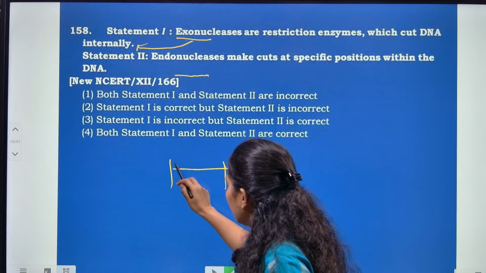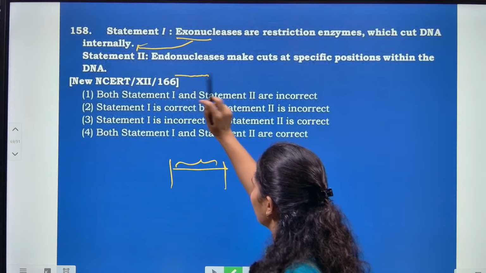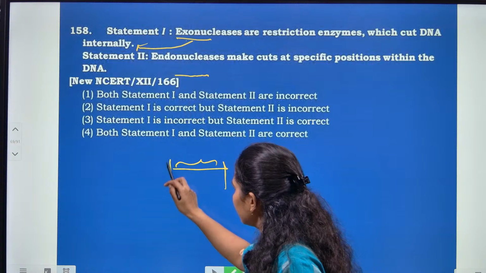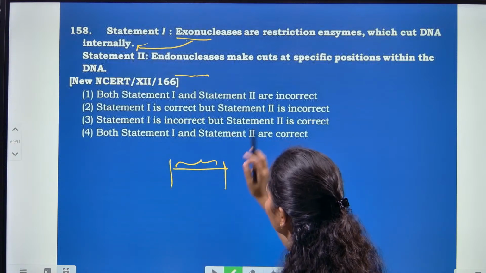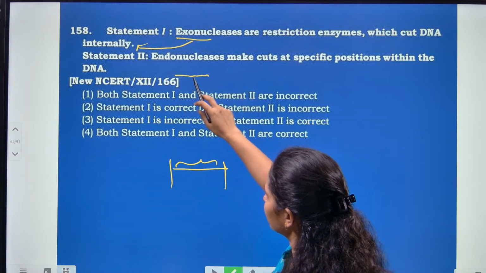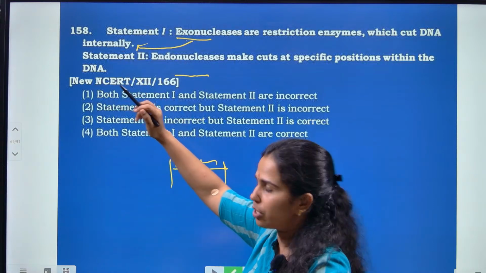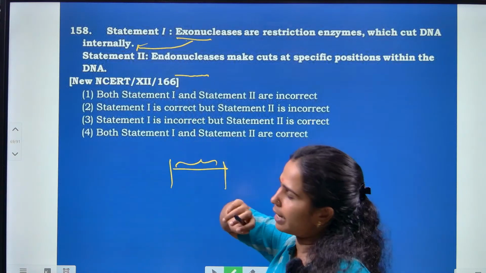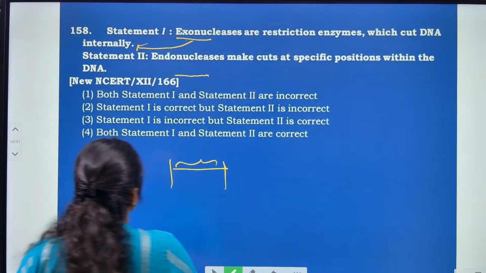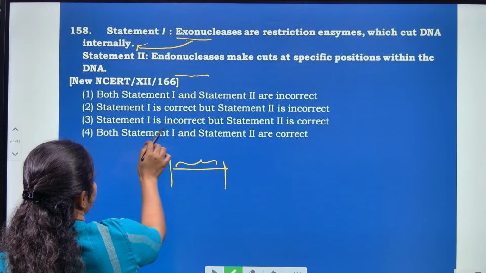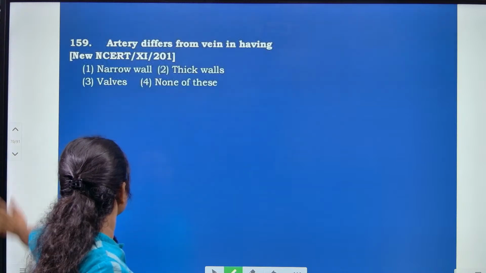Yes, if an enzyme cuts within the DNA sequence, it is called an endonuclease, and if it cuts at the end or terminal part of the DNA, it is called an exonuclease. So statement 1 is incorrect, as they do not cut internally but at the ends. Statement 2 is correct. So option 3 is the right answer.